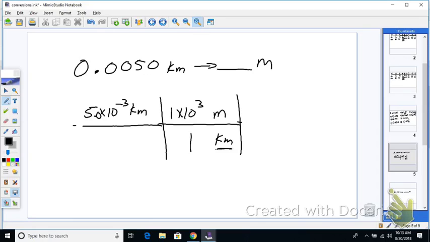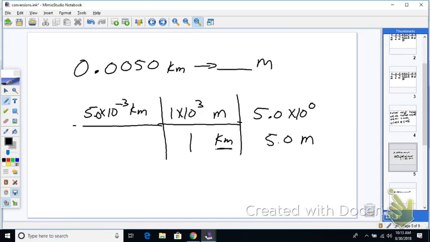So minus 3 plus 3 is 0, right? So this becomes 5.0 times 10 to the 0, which is 5.0 meters. Pretty easy, huh? With exponents, you don't have to do really any calculations on your calculator. It's that simple. So any thoughts or questions that you have?